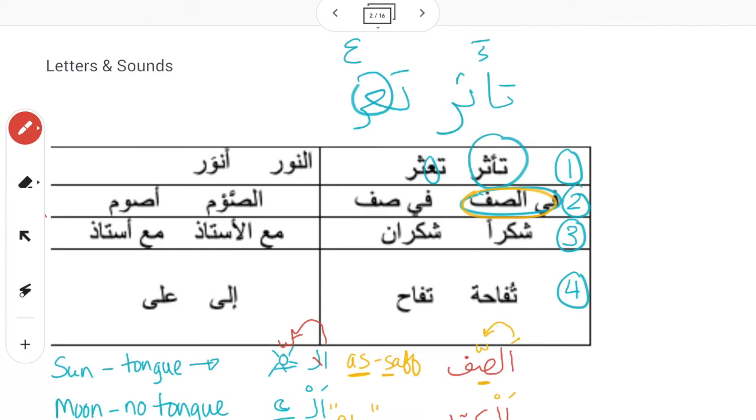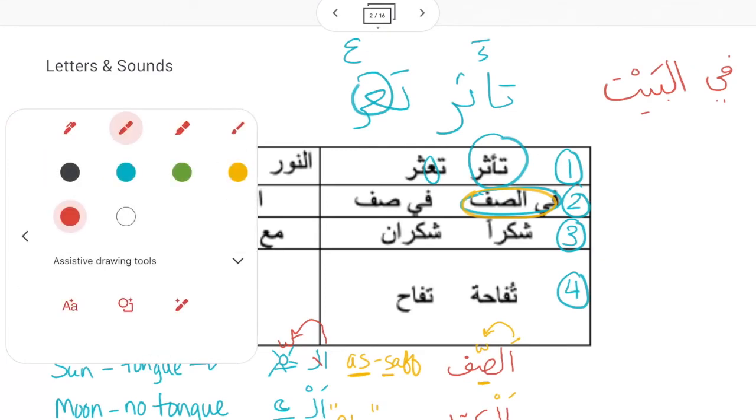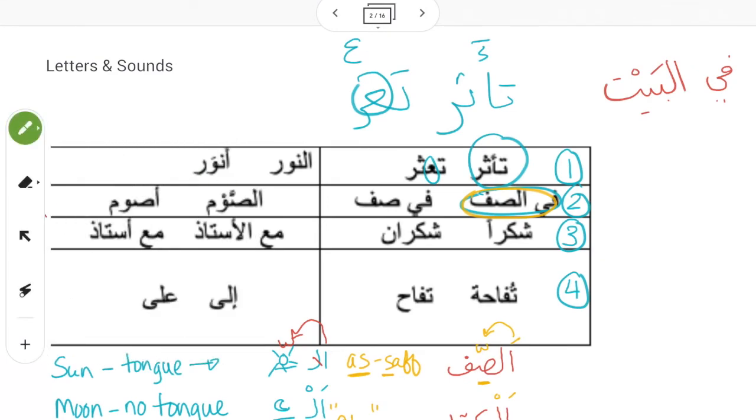Okay. When we have words that have alif lam, and there's a word before it. So for instance, if I say fi and al-bayt, meaning in the house, we don't pronounce it fi al-bayt. Remember that when you have a word that has alif lam and there's a word before it, you're going to take the last letter of that word.